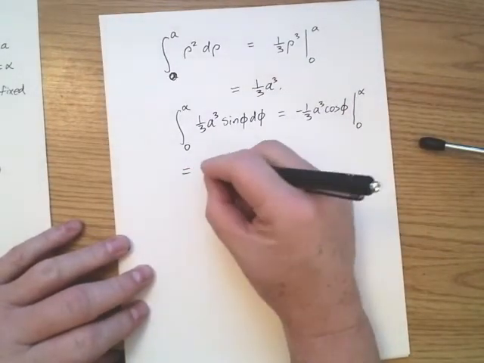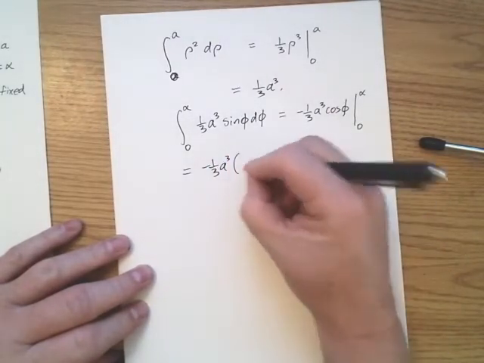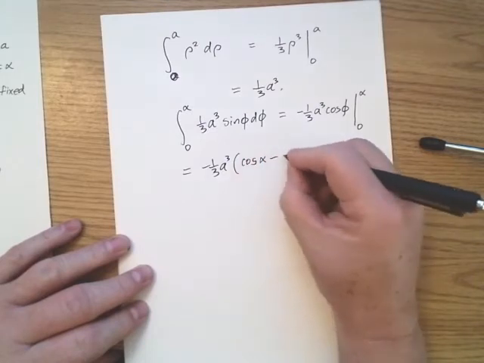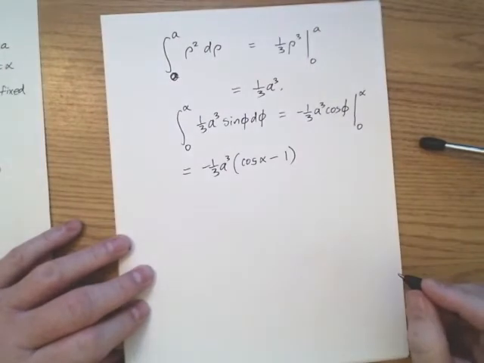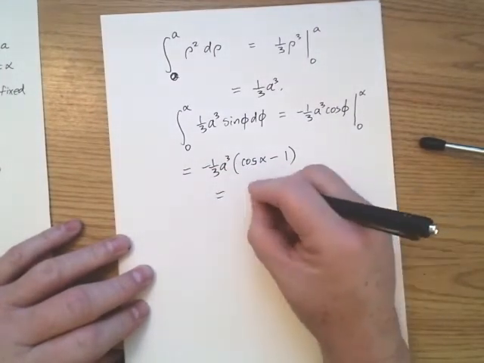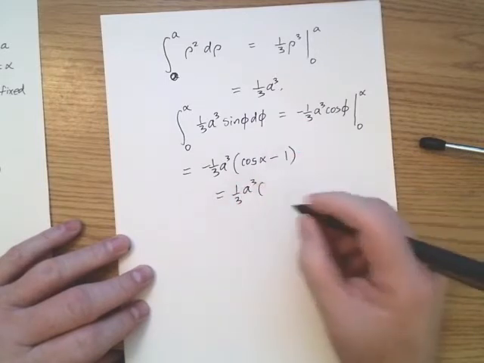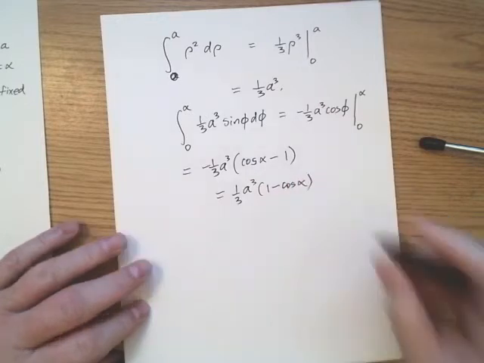So we would get negative 1/3 A cubed, cosine of alpha minus cosine of 0. Cosine of 0 is 1. So let's go ahead and apply that negative sign in there and just change the order of our differences. So that's 1 minus cosine alpha.